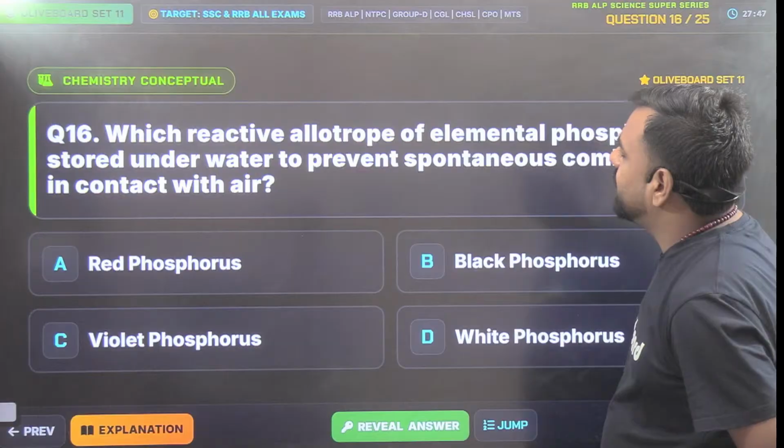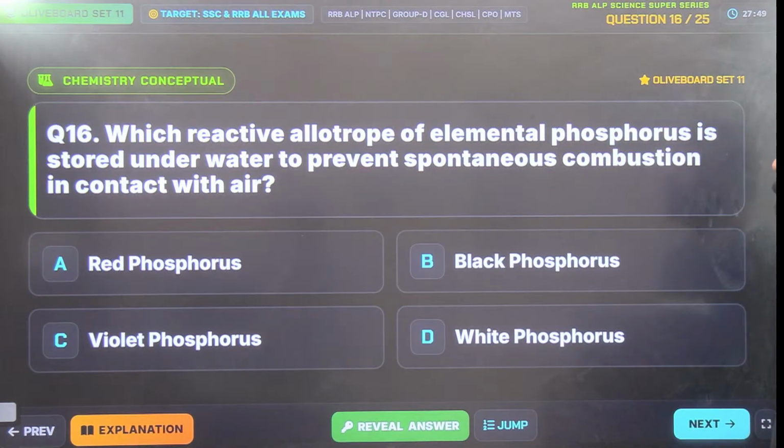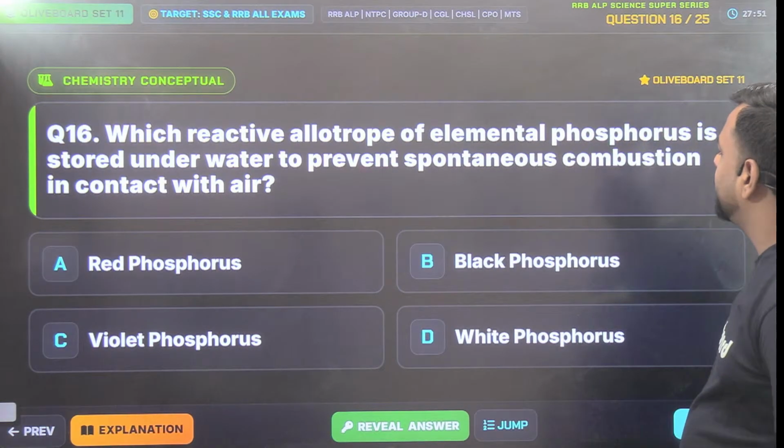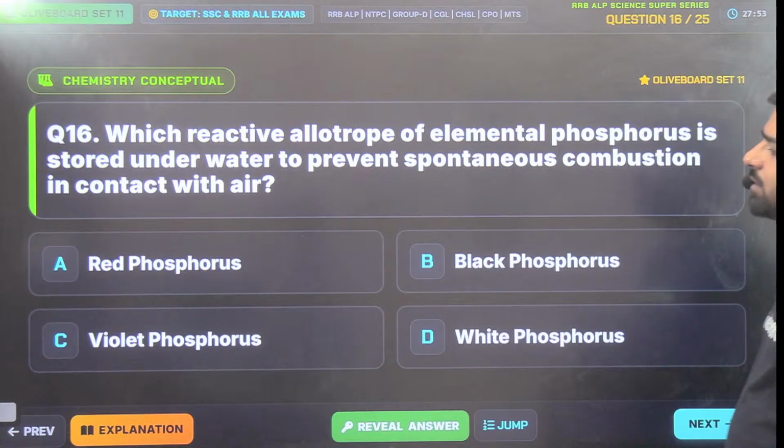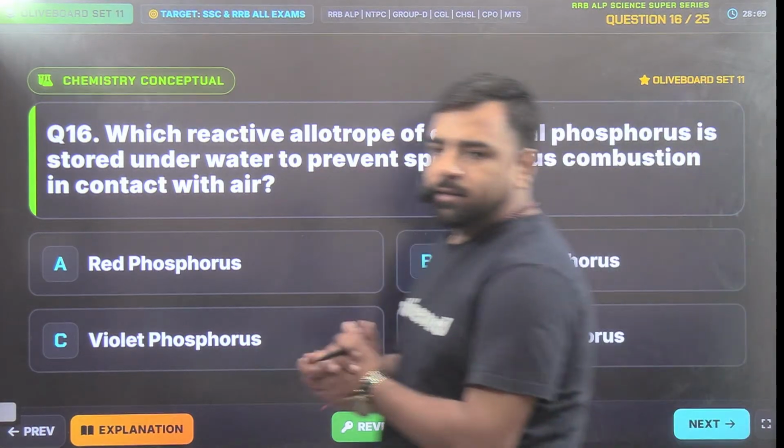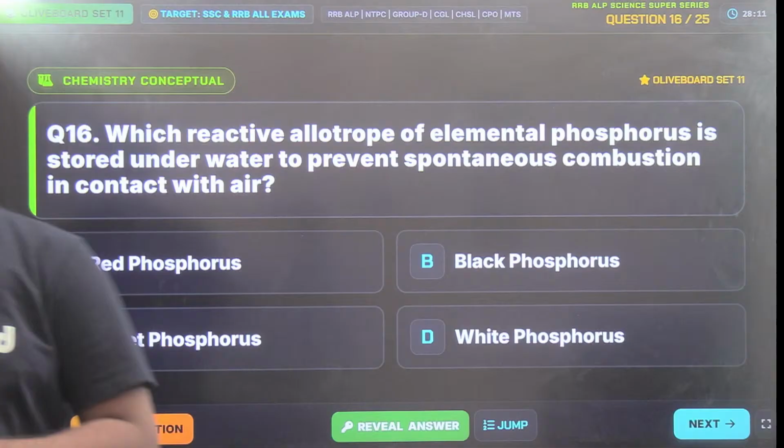Which reactive allotrope of elemental phosphorus is stored under water to prevent spontaneous combustion in contact with air? Red phosphorus, black phosphorus, violet phosphorus, or white phosphorus? What should be the answer for the same? Ankita is going with A. Okay.